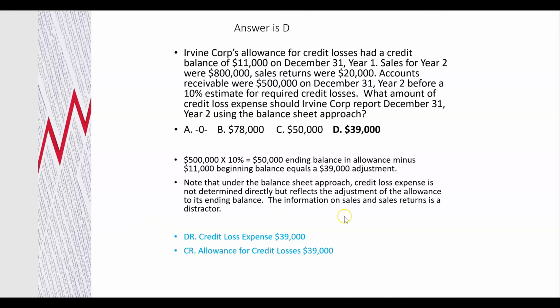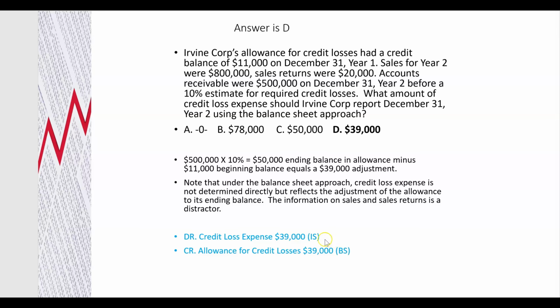The information given on sales and sales returns, purely a distractor. Under the balance sheet approach, we use one balance sheet account, accounts receivable, to determine another balance sheet account, the allowance for credit losses. And then we back into the income statement figure known as credit loss expense.